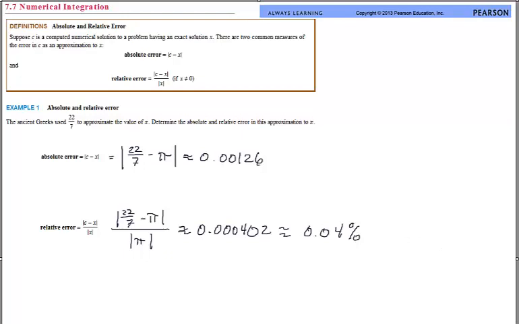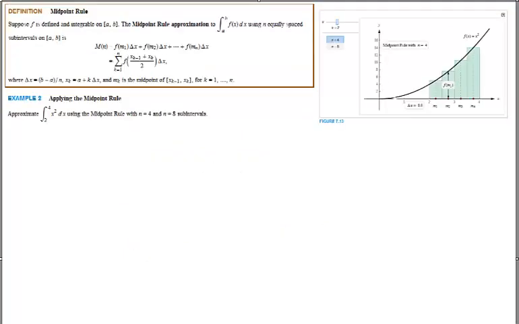Next, we're going to look at examples to find these numerical integration values. We're going to start with an extension of the Riemann sums. You probably recall doing a left and right-handed Riemann sum, where we found the area of each of those rectangles and added those up.